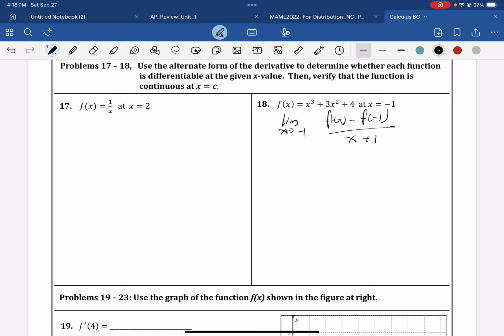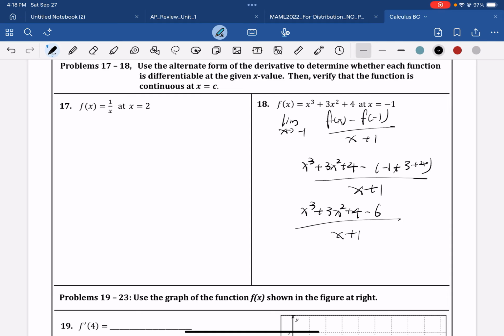So f of x is x cubed plus 3x squared plus 4, minus f of negative 1, which is negative 1 plus 3 plus 4, so 6, over x plus 1. Then 4 minus 6 is negative 2.